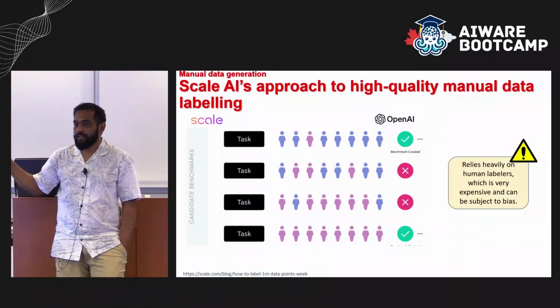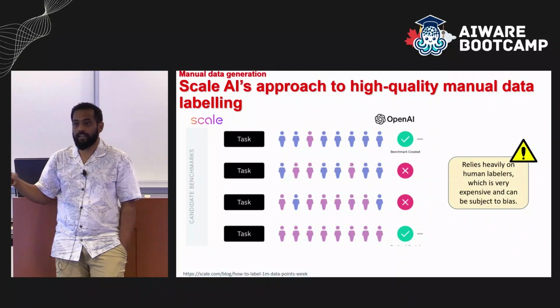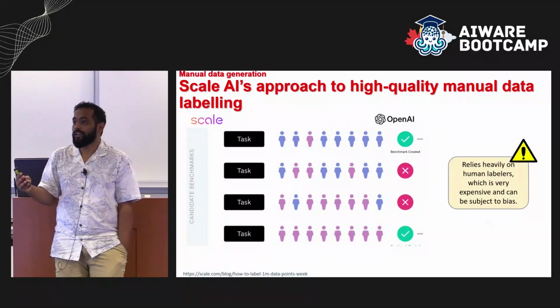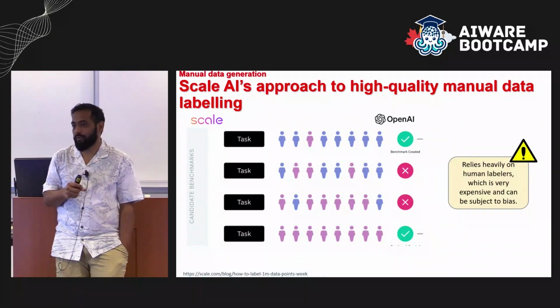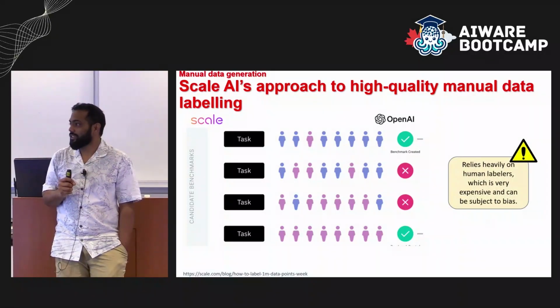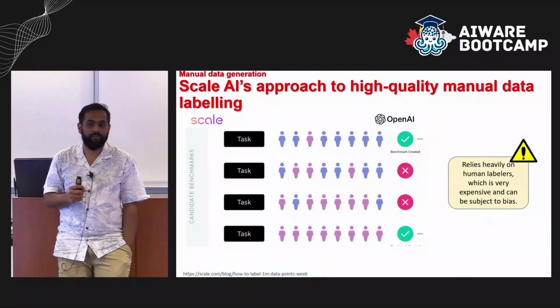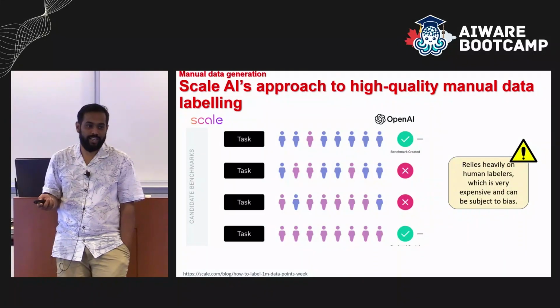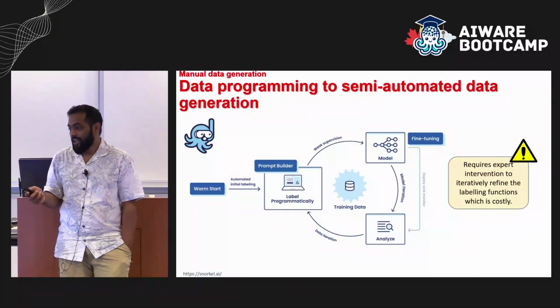But this kind of manual labeling is very costly, and it doesn't scale unless you have lots of money and are okay with outsourcing a lot of labeling, which I recently read was not always conducted very ethically. This is not an approach that's going to scale.